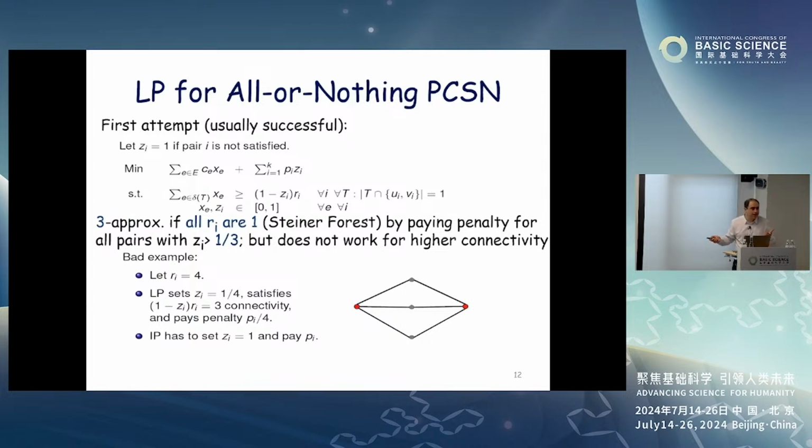You can actually enable this for disjoint path. It means you need these two for disjoint path. However, LP essentially can cheat, and we put vi equal to 1 over 2.